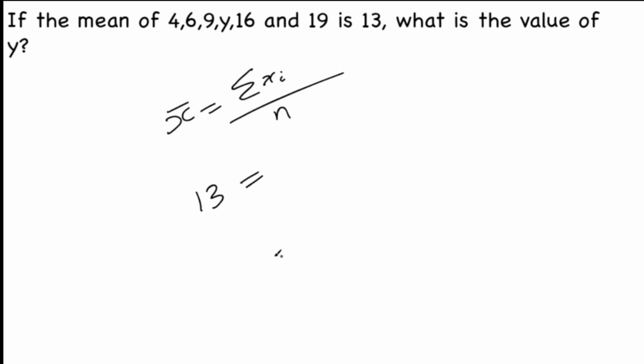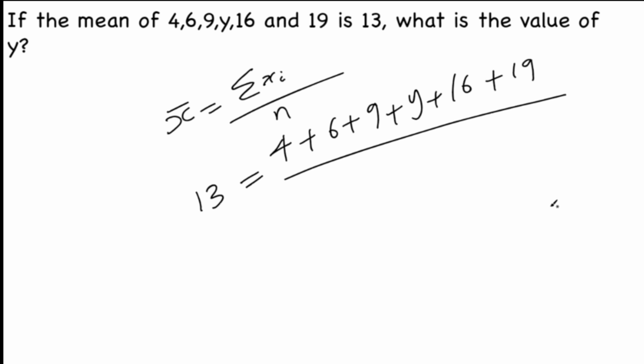What are the items presented here? 4 is presented, 6 is presented, 9 is presented, y is presented, 16 is presented, 19 is presented, all over n. What is the n now? The number of items here. Let's check the number of items. It's 1, 2, 3, 4, 5, 6. 6 items were presented to us here, all over 6.